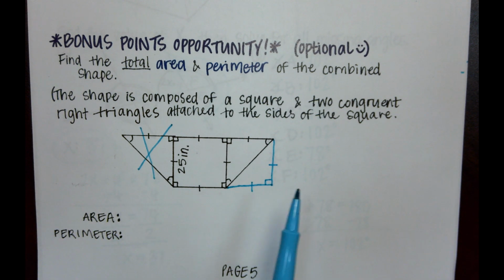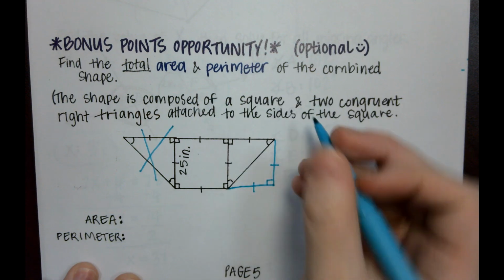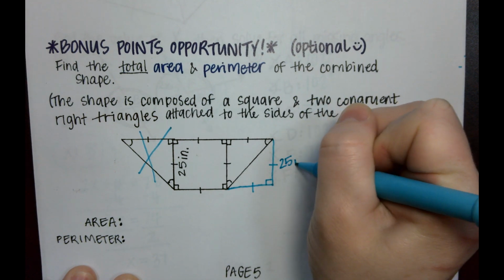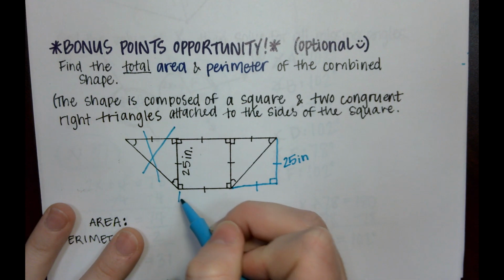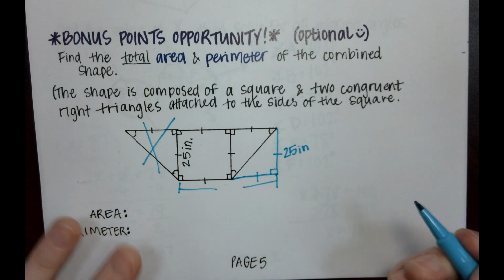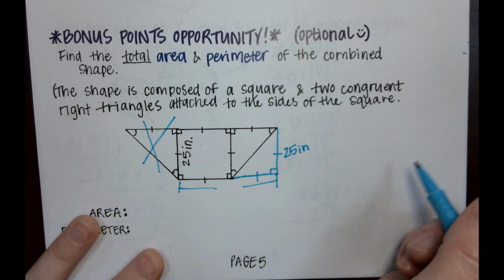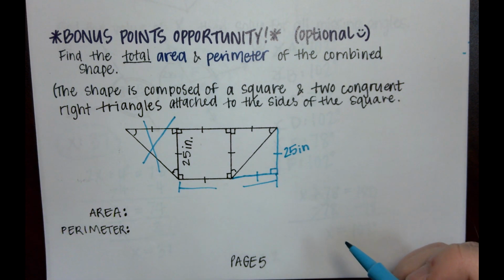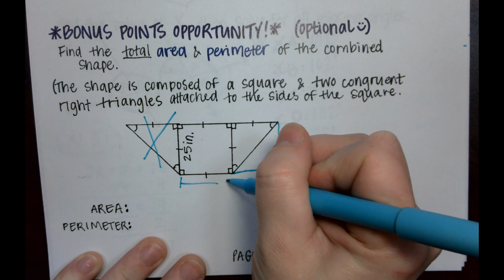That would mean first we'd have to, we know that these little single lines are 25. But in order to find base, we have to add 2. So we've got 2 of those lines for our base. So 25 times 2 is what? That would be 50.